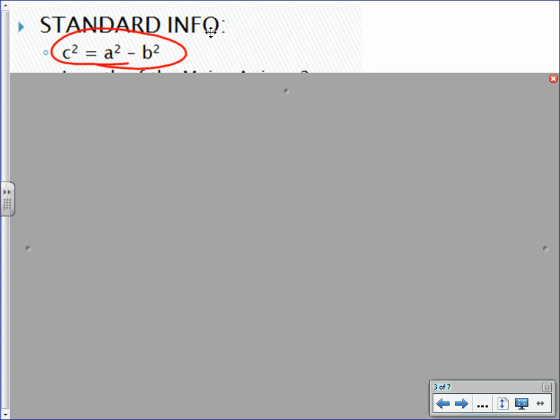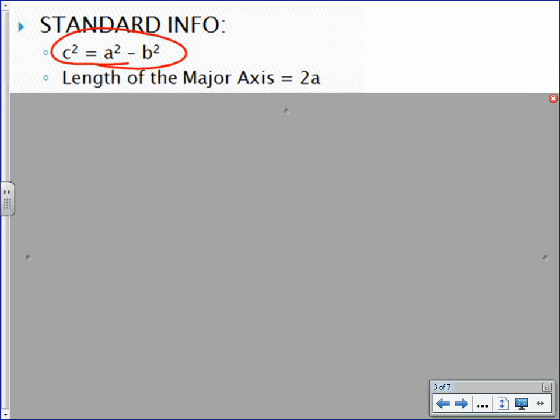When we talk about our major axis, since our vertex points are A away from our center, our major axis has a length of 2A. Those are both A away.